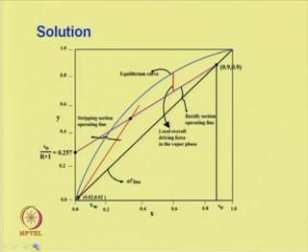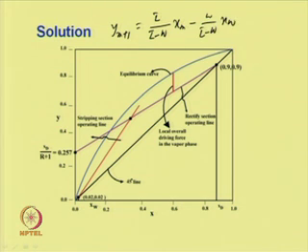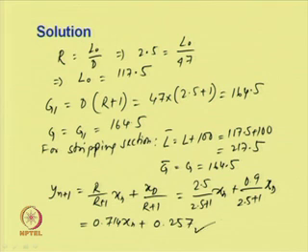Similarly, for the stripping section, we can obtain y m plus 1 would be L bar by L bar minus W x m minus W by L bar minus W x w. So, if we substitute, we would obtain 1.322 x m minus 0.016. So, this is the equation of the stripping operating line, and the other is the equation of the rectifying section operating line.